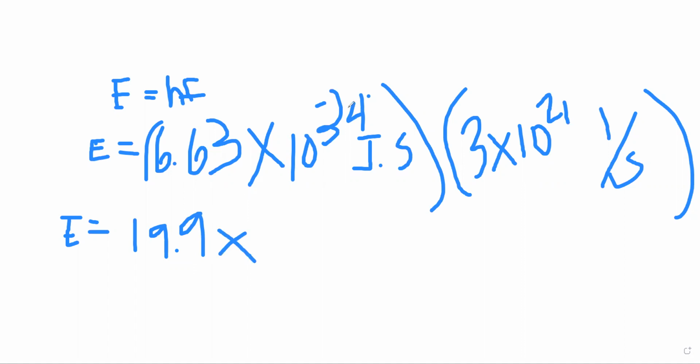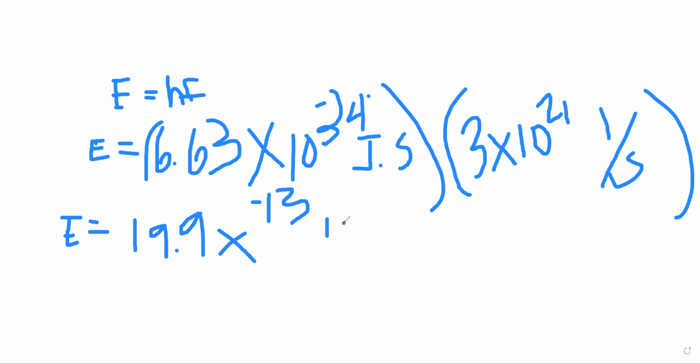How about the negative 34? When there are exponents and it's a multiplication, you need to add the exponents. Negative 34 plus 21, we have negative 13. So the exponent here will be negative 13.